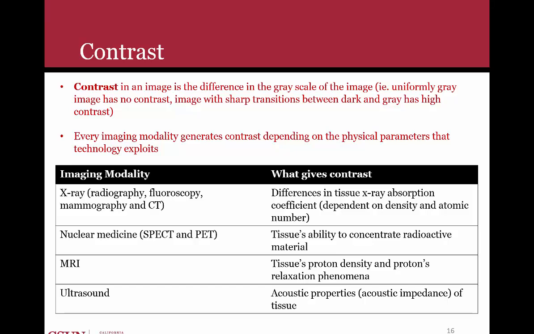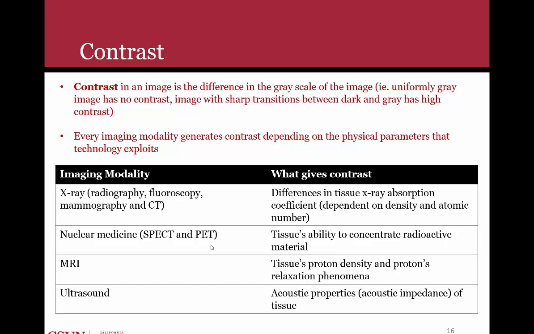Every imaging modality basically creates some kind of contrast, which is dependent on the properties that you're measuring. In the case of X-ray, whether it be radiography, fluoroscopy, or CT scanners, what's giving you the contrast is the difference in X-ray absorption, specifically the X-ray absorption coefficient between tissues, and that's dependent on the mass density and the atomic number of the material.